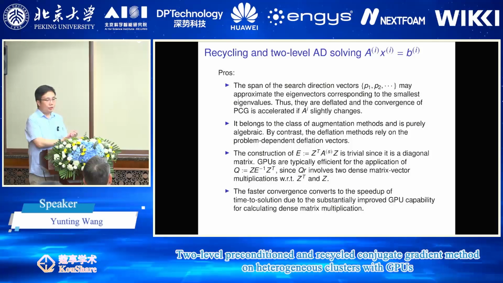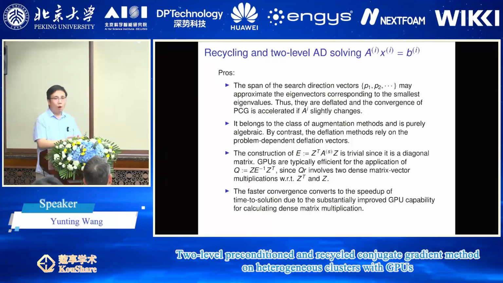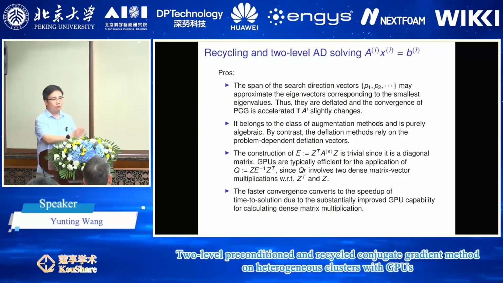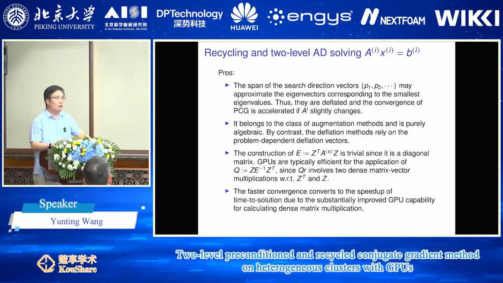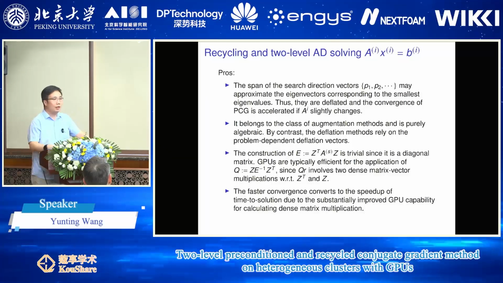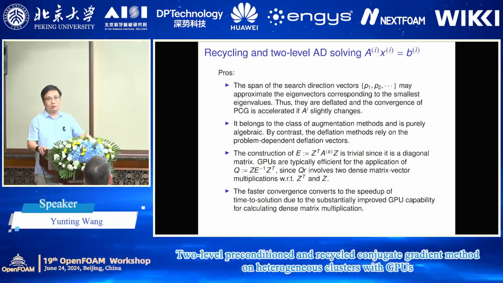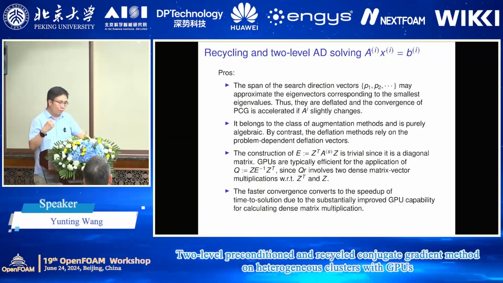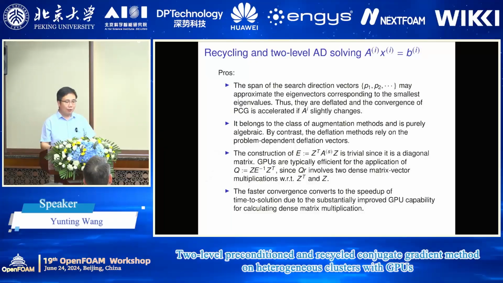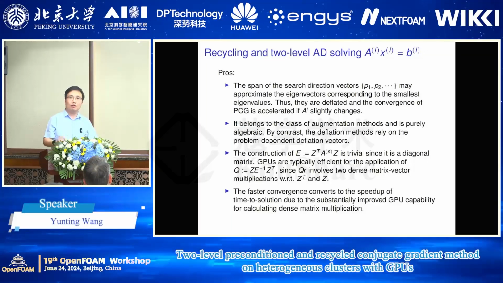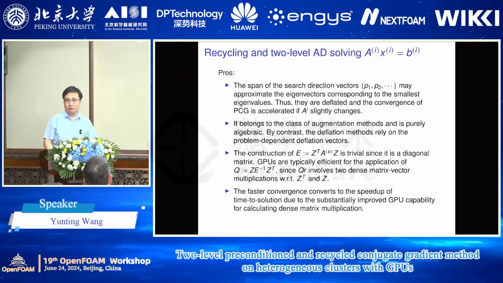If you look at this method, you can see why it works. When you solve the first equation and save all the search direction vectors p, the span of all these search direction vectors can hopefully approximate the eigenvectors corresponding to the smallest eigenvalues.